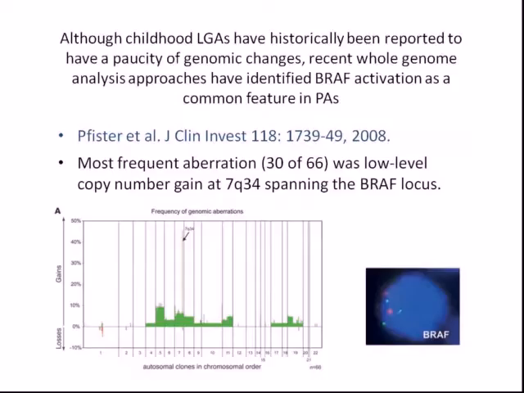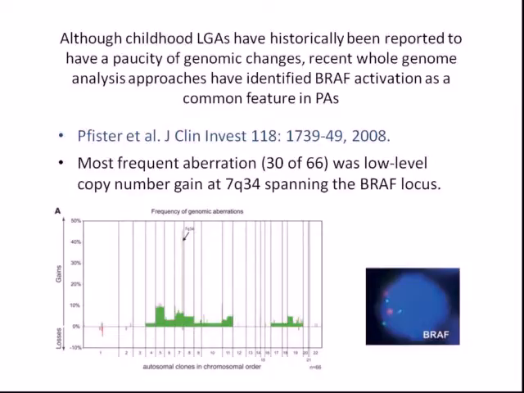Now, what I wanted to do at this point is talk a little bit about genetic alterations, because our field is seeing what I think is a really big change in how we're going to see some of the pilocytic astrocytomas managed. And it comes down to some recent findings in relation to a particular mutation called BRAF, which has been shown to be very prevalent in low-grade tumors.